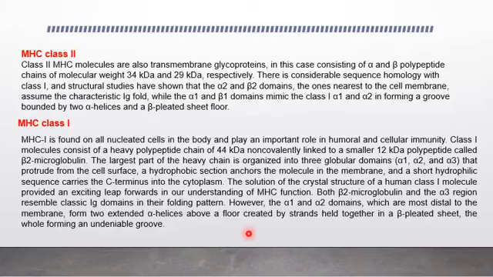This forms the groove of MHC class 1. I know it's a bit tricky, but I'm trying to explain what I wrote here. So let's go to the next slide, the diagram about MHC class 1 and MHC class 2, and then we will explain it.